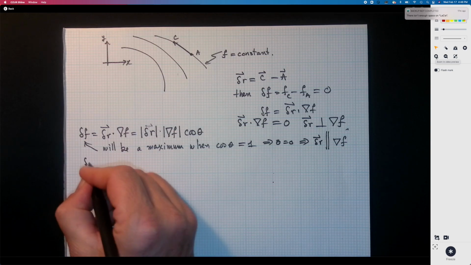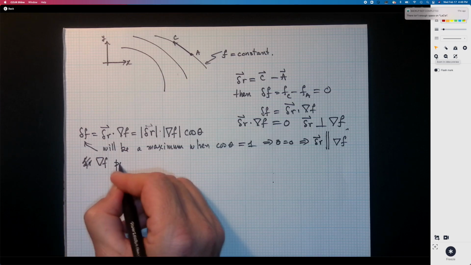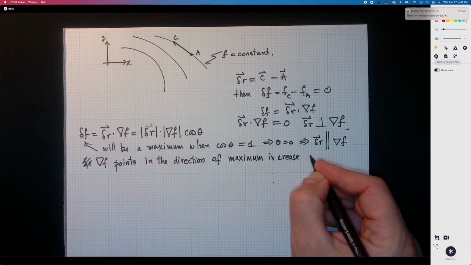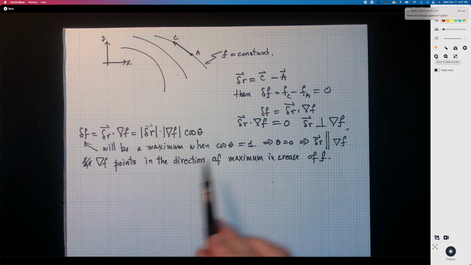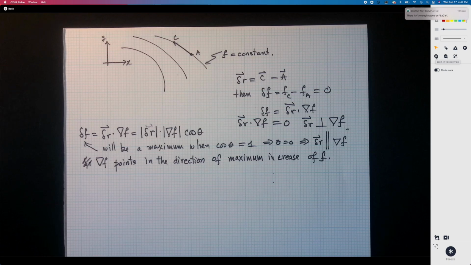So it points in the direction of maximum increase in f. So if you're a hiker and you want to take the shortest distance to the top of the mountain, you can go in the direction of the gradient, because it's pointing in the direction in which the hill is steepest, in the direction of maximum increase.